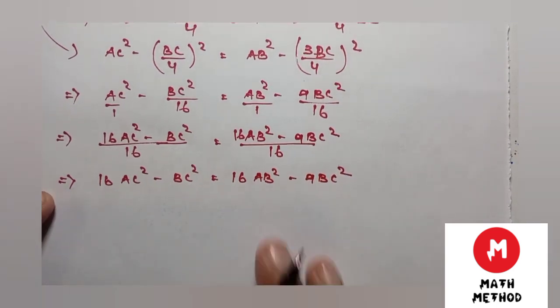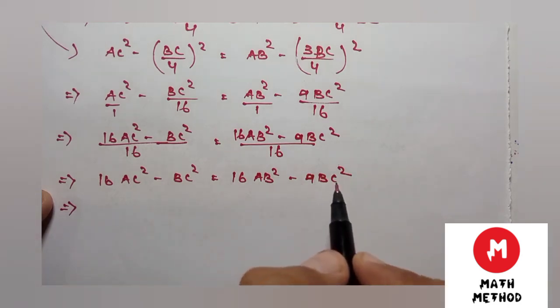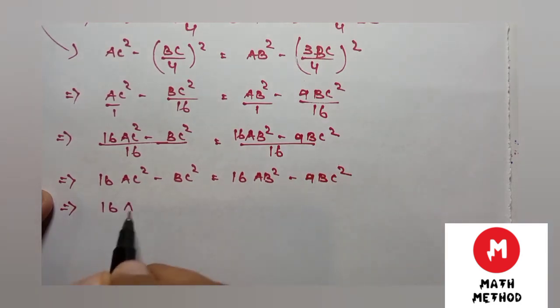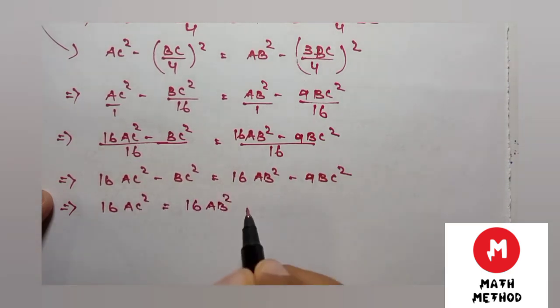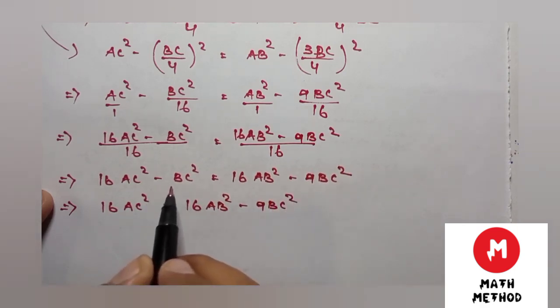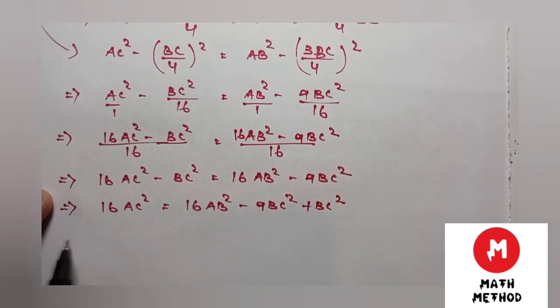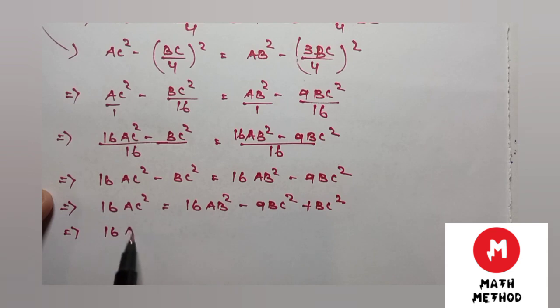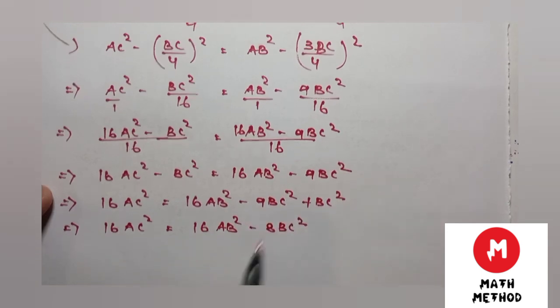Now take minus BC square to the RHS, it will become 16AC square equals 16AB square minus 9BC square. If we transpose minus BC square from LHS to RHS, it will become plus BC square, so 16AC square equals 16AB square minus 9 plus 1, which is minus 8BC square.